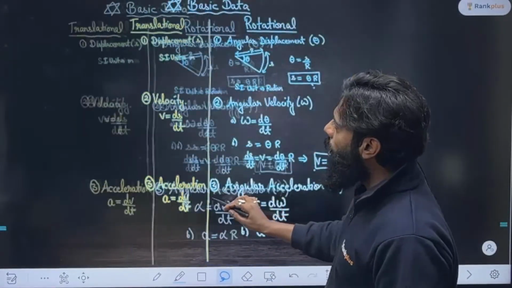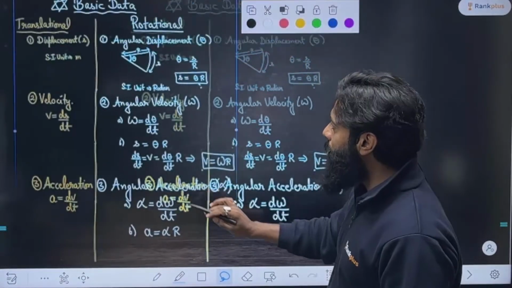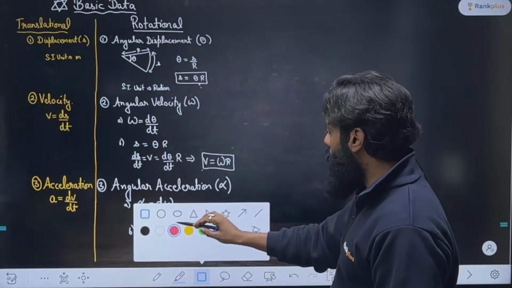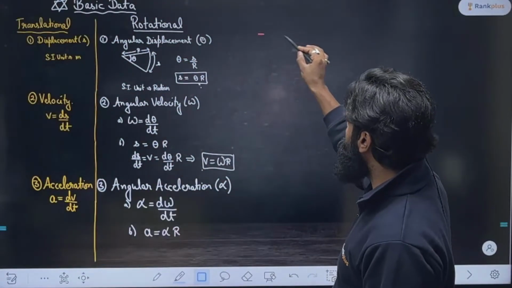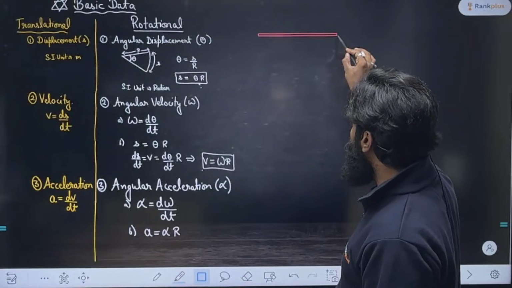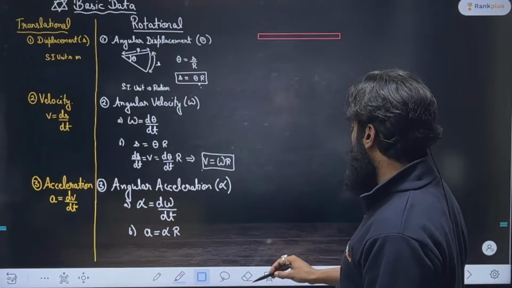And what is actually happening here, if there is an object, let me draw one for you.